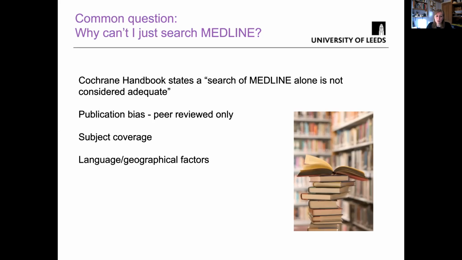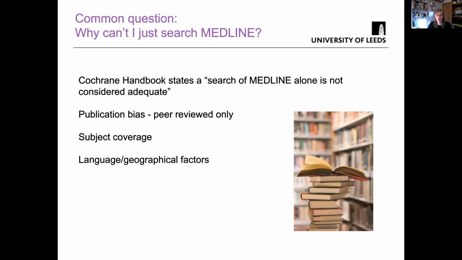The studies of the same intervention, which are just as valid for us, but which maybe show a negative effect, or maybe just don't have a very exciting result at all, maybe there's no difference between using the intervention or not, seem to be the ones that are less likely to be published in a journal, and particularly in a peer review journal. So that's really why Medline isn't perfect, and we need to go elsewhere to find those sorts of studies.